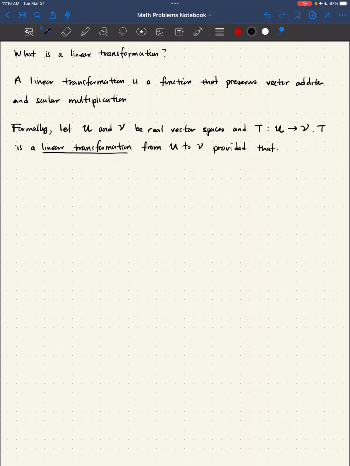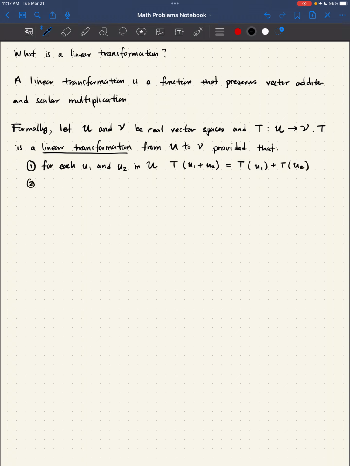the following occurs. First, we have to preserve vector addition, but let's put it formally. For each U1 and U2 in U, we have that T of U1 plus U2 is equal to T of U1 plus T of U2.